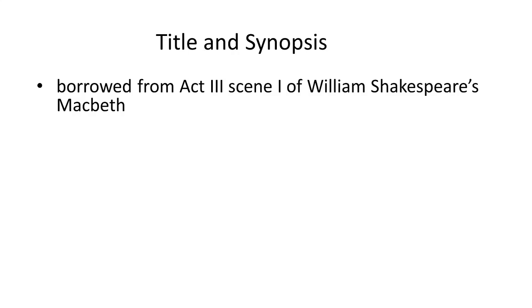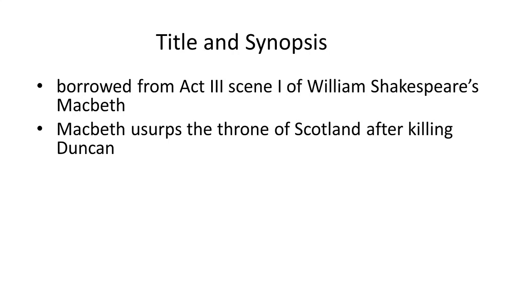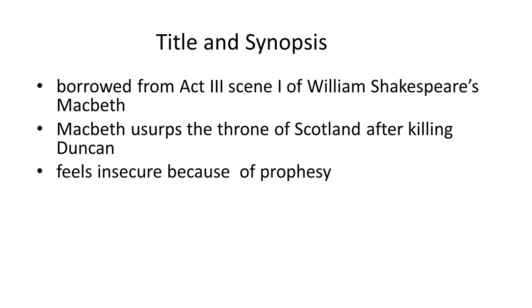Macbeth is a general, and he was the general under Duncan, who is the king of Scotland. So Macbeth hears a prophecy, or some witches tell him that he's going to be the king. So he usurps, or he throws the king of Scotland, and he becomes the king.